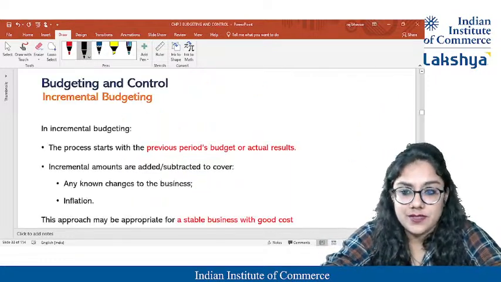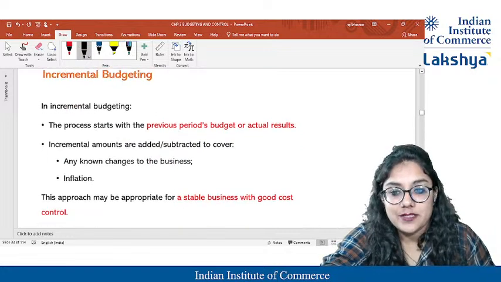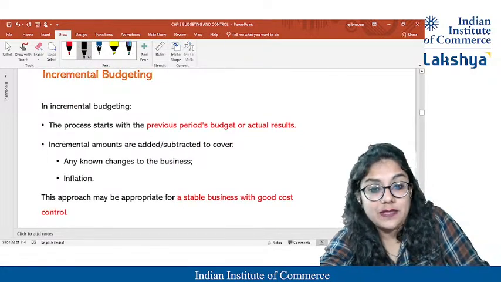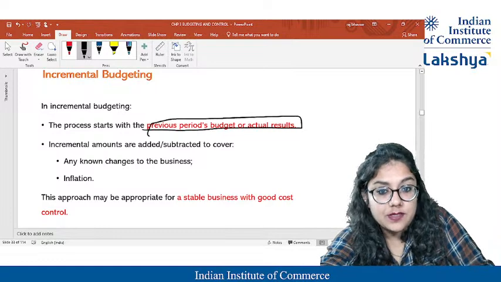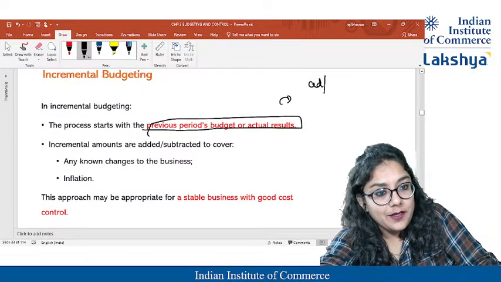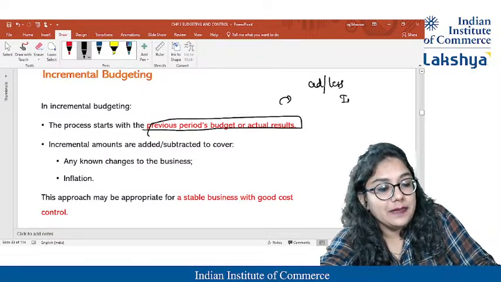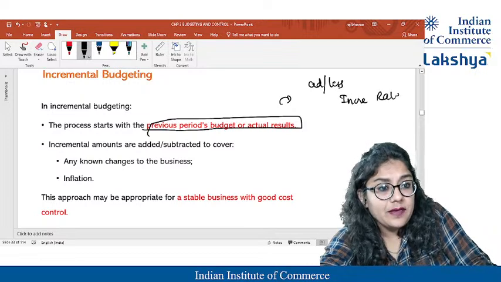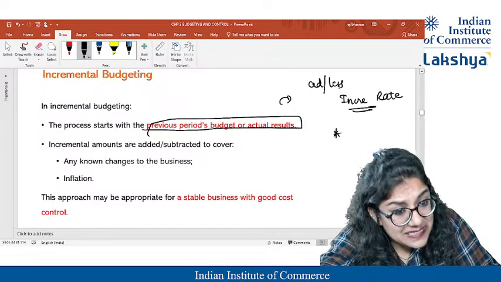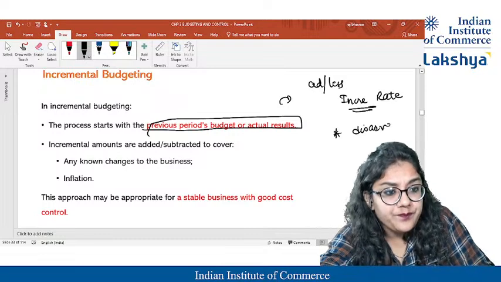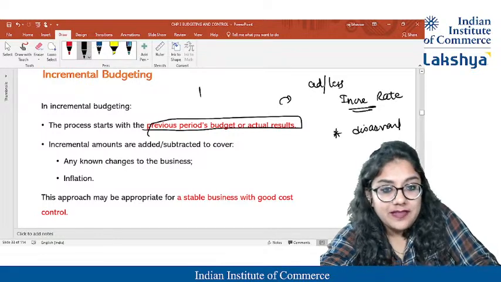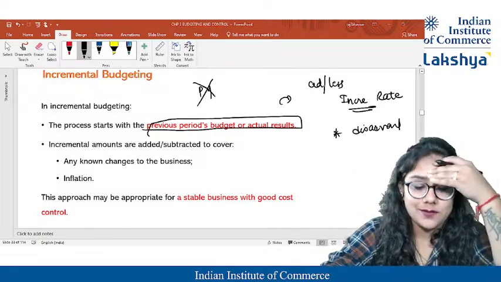What is incremental budget? The process starts with the previous year's budget or actual results, considering which we will add or subtract the incremental rates. The biggest disadvantage is, guys, what if the previous year's budget is wholly wrong?